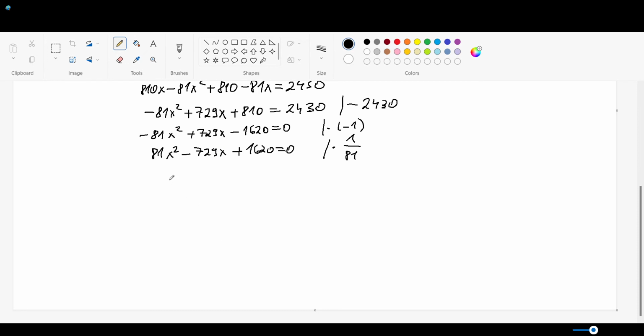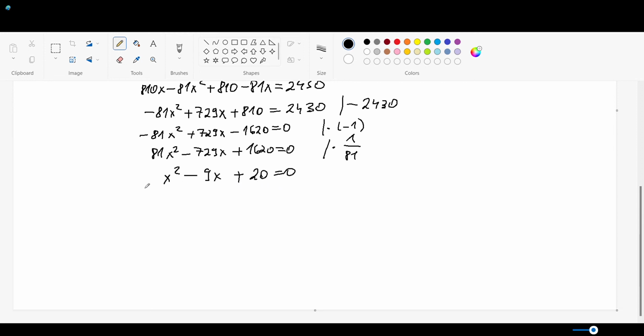So if we simplify, it's x squared minus 9x plus, and the only thing which now is tricky is 1620 divided by 81, and guess, is it going to be divisible? Hooray, it is. And it gives me number 20. So instead of calculating very complicated numbers, I came to a very easy quadratic equation.